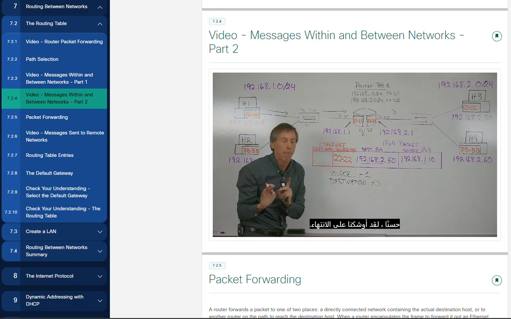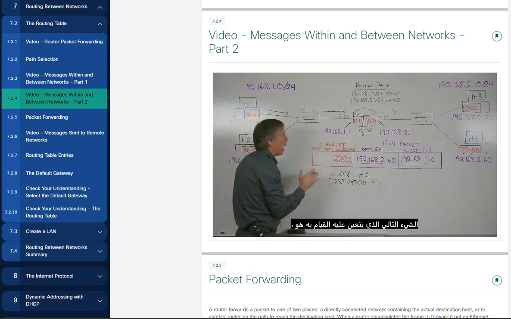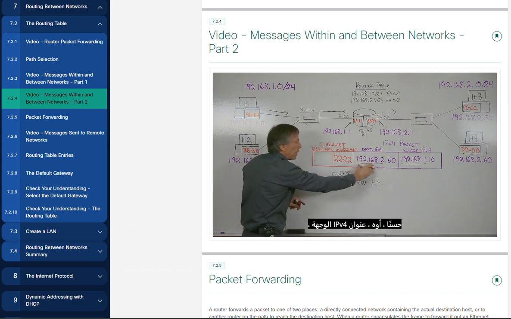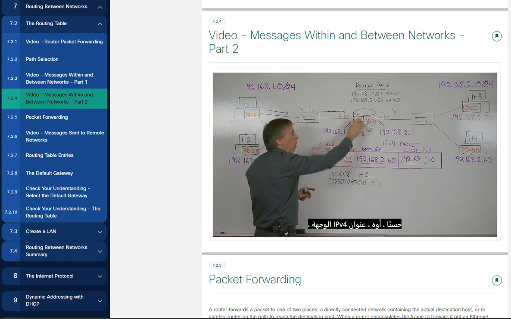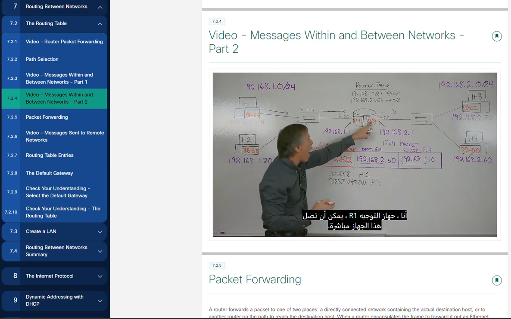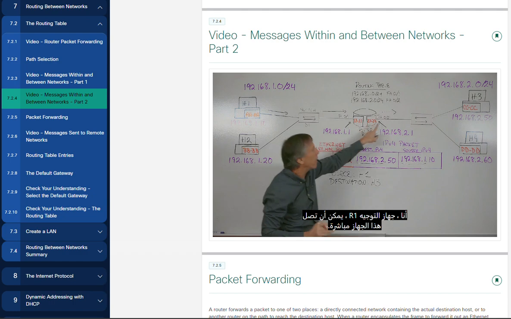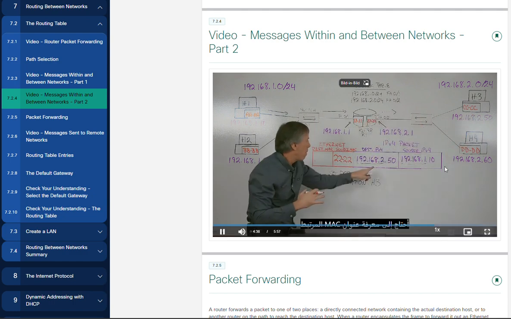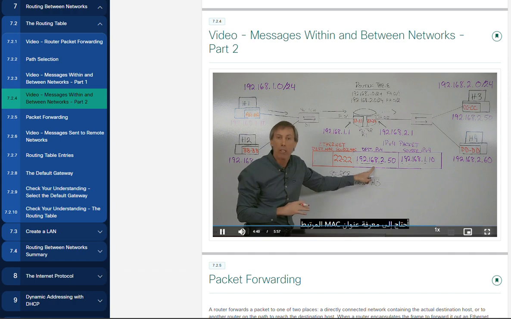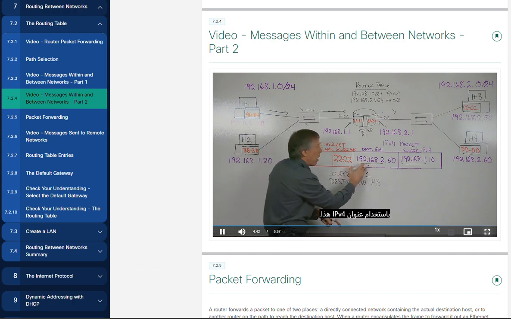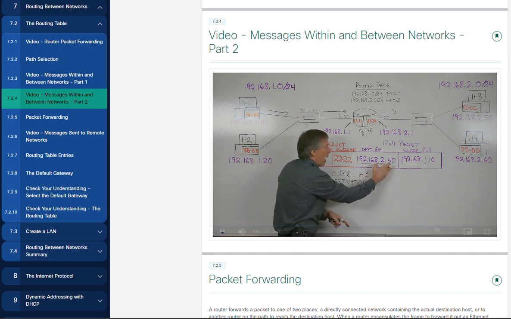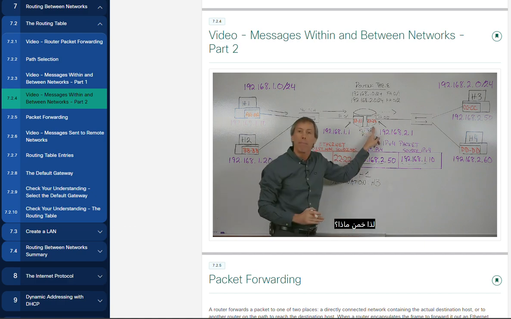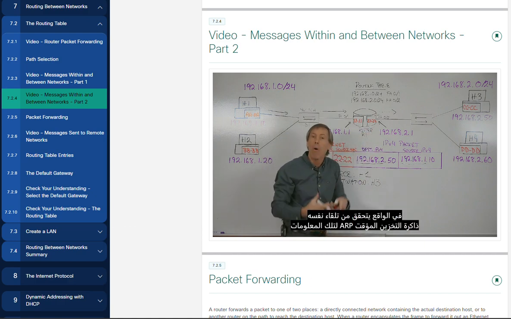Okay, we're almost there. The next thing it has to do is say, okay, the destination IPv4 address is on my network. I, router R1, can reach that device directly. I need to know the MAC address associated with this IPv4 address. So it checks its own ARP cache for that information.